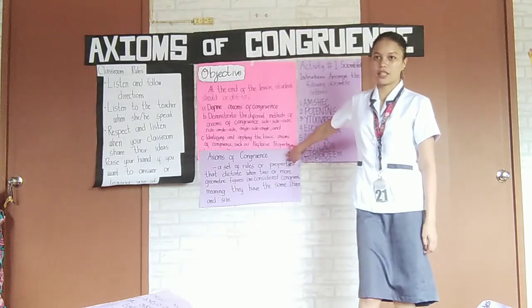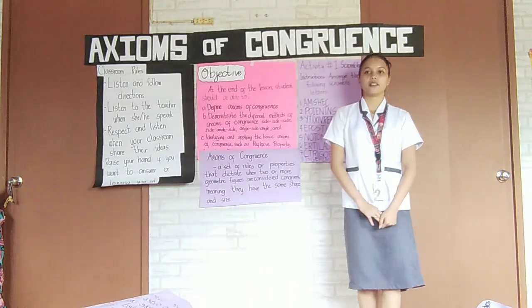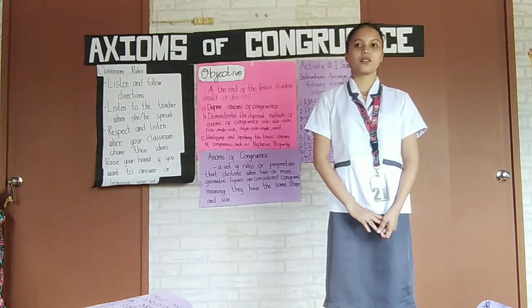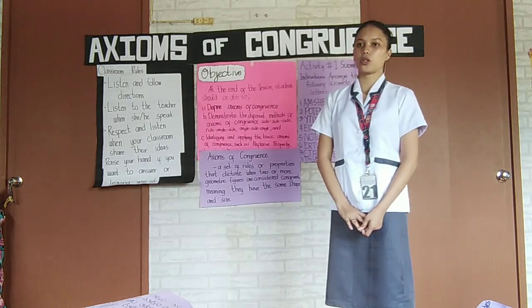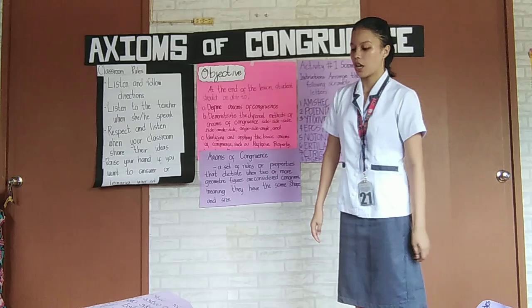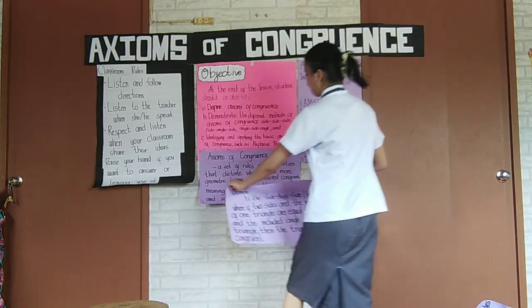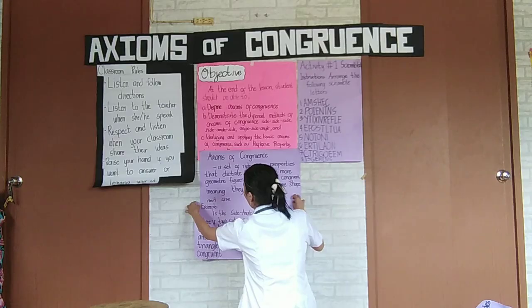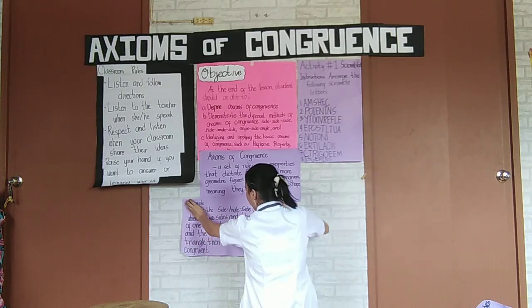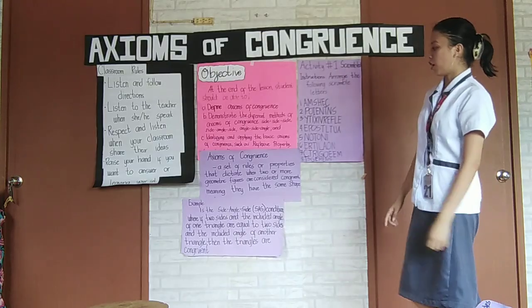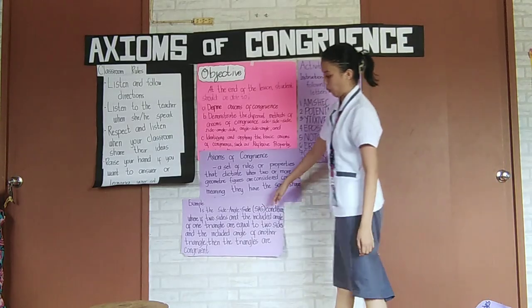aiding in geometric reasoning and problem solving. By applying these axioms, one can determine when two figures are identical in terms of side lengths, angle measures, and overall shapes. So, example of axioms of congruence.